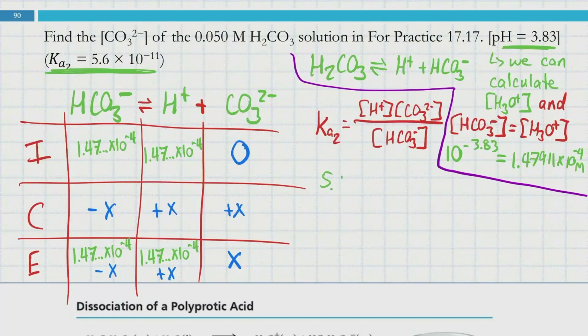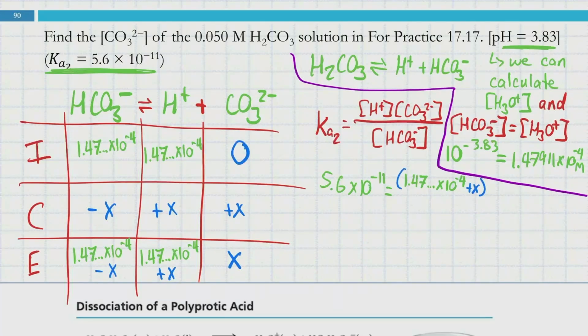So plugging in our Ka2, 5.6 times 10 to the minus 11. We put in our H plus, 1.47 times 10 to the minus 4, plus x.